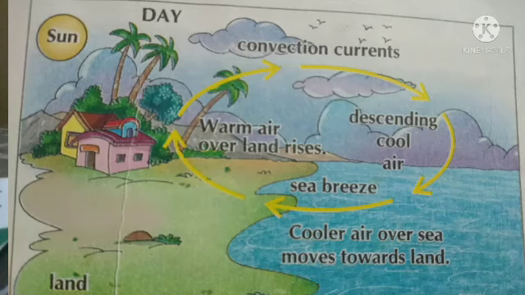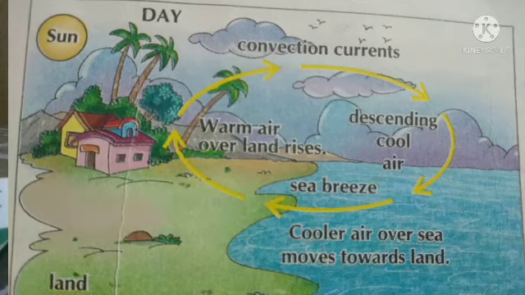As a result, the air above the land surface becomes heated, expands and rises up. So the cooler air present over the sea surface comes towards the land and takes the place of the warmer air over the land.